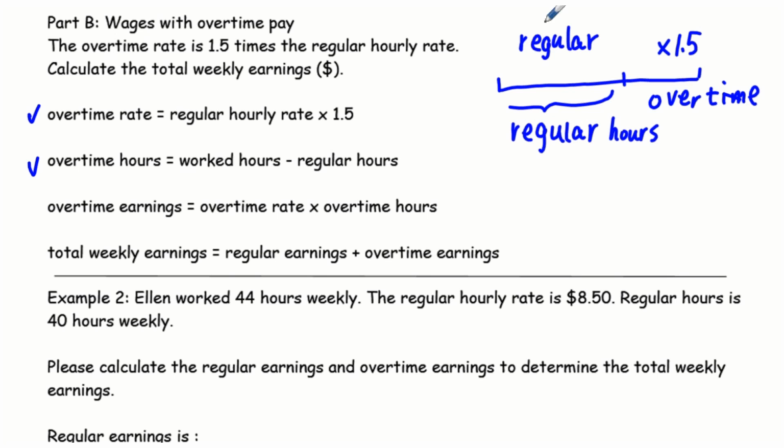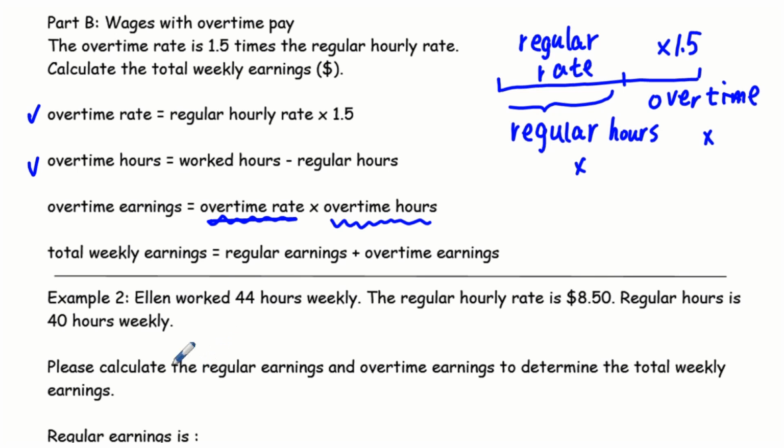So you are going to times regular hour pay rate by regular hours for this part, and this part you times overtime hours by 1.5 times of the regular rate. So you have two pieces, kind of like intervals you are paid differently, so you do the calculation differently. So overtime earnings equals the overtime hours rate times overtime hours. So this is different from regular earnings. And the total weekly earnings is regular earnings plus overtime earnings.